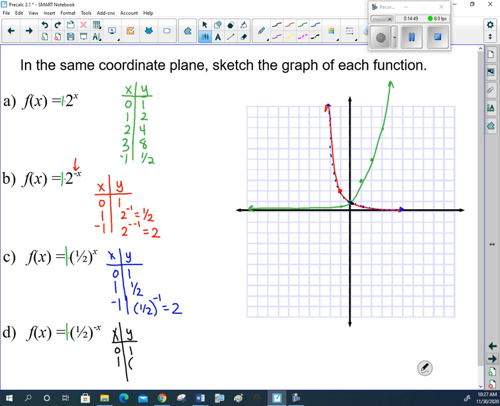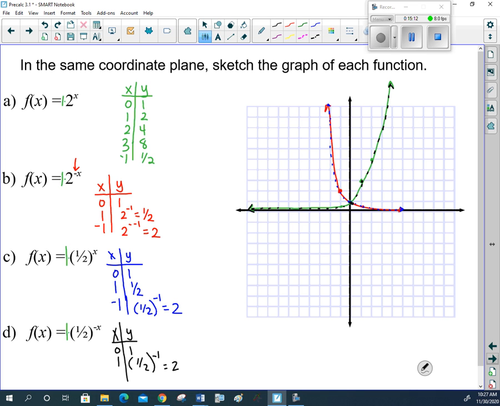So now we have 1/2 raised to the negative 1 power. Well, that's the same thing as 2. So when I put a 1 in, I get a 2 out. Here we go. That's going to follow the growth. That's actually going to turn out to be a growth and not a decay.